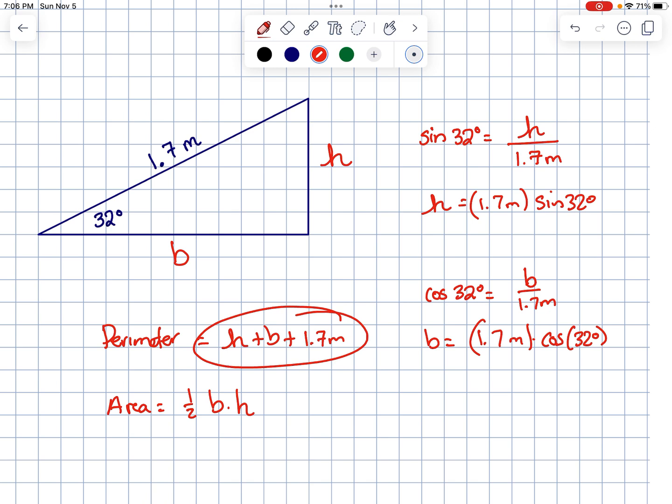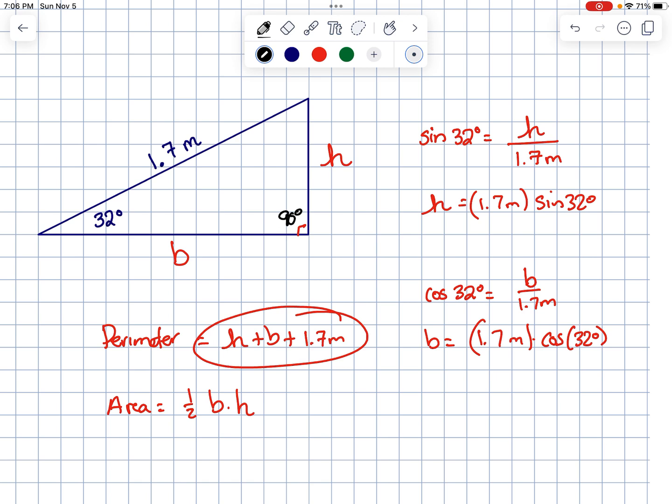And then the last thing I want to show you is that for a right triangle, if this is our right angle down here, then this angle right here and this angle right here have got to add up to 90, because the three interior angles have got to add up to 180, and this one's already 90. So the other two must add up to 90.